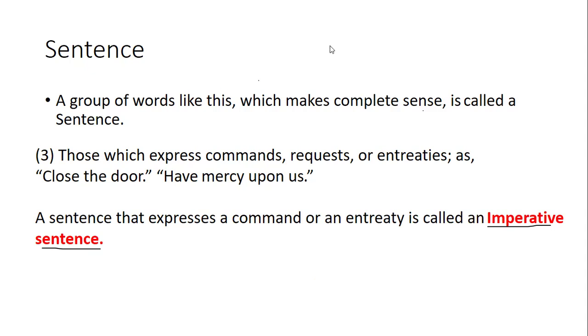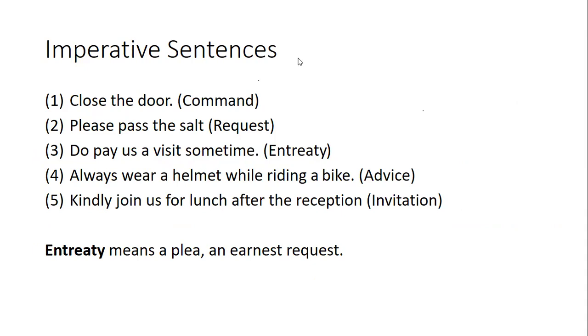Let's see through various examples and understand the types of imperative sentences. For example, you can see here the first one is close the door. Command is given. Close the door. Please pass the salt. It is a request. Please pass the salt.